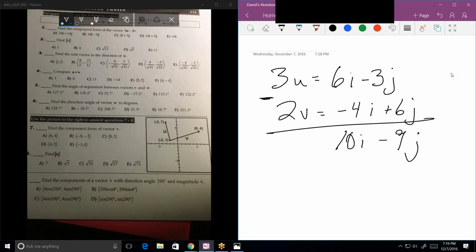Number 2, the magnitude of V. Very easy. It's the square root of the sum of the squares of the coefficients. So the magnitude of V is going to be the square root of minus 2 squared plus 3 squared.